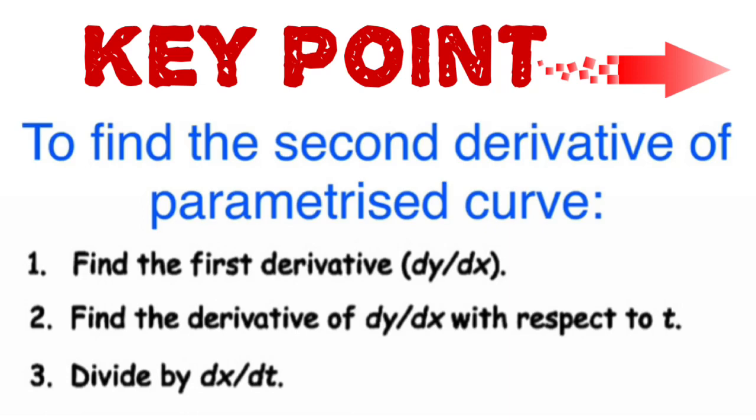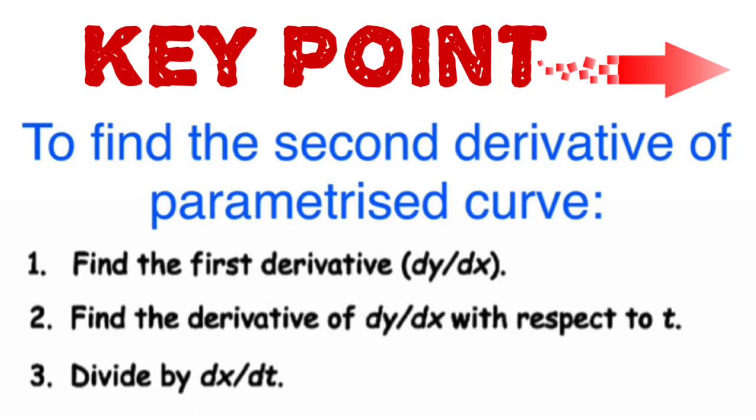The first step is find the first derivative of the function, that is dy upon dx. Second step is find the derivative of dy upon dx with respect to t. And the third step is divide by dx upon dt.